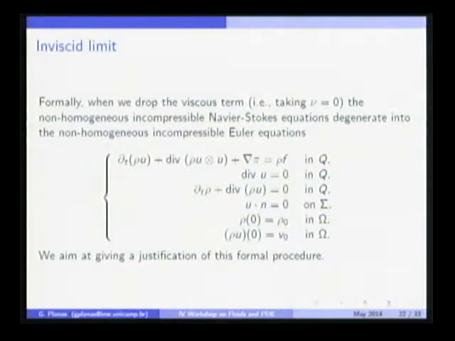We have the divergence free condition, the continuity equation. We keep only one condition for the velocity, that it is tangent to the boundary. Then the initial density and the initial momentum.